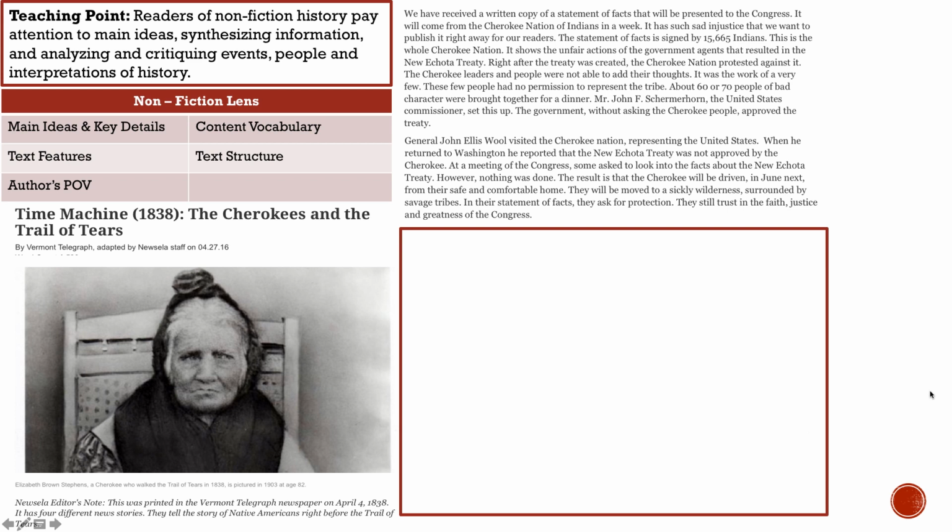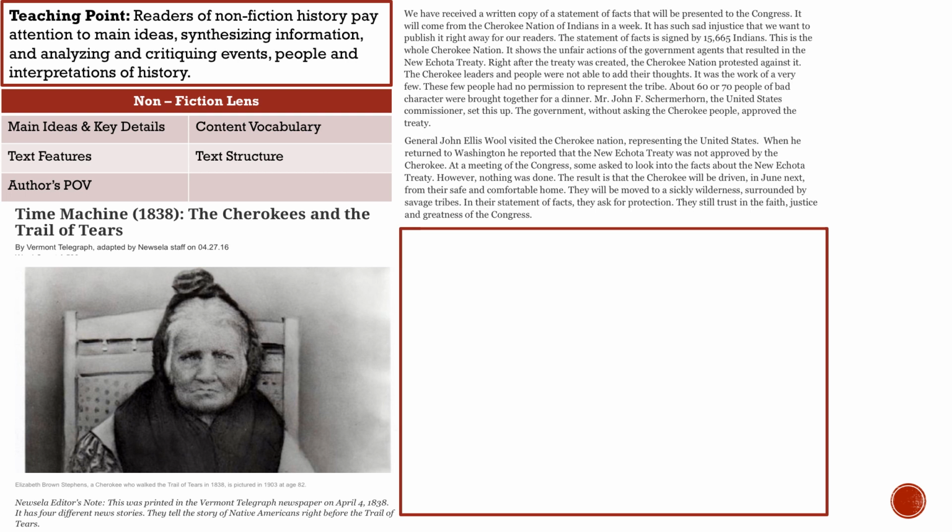Okay, so as usual for our nonfiction reading, we have to have a lens, so we're paying attention to main ideas and key details, text features, or author's point of view, content vocabulary, of course, and of course text structure. So this is an article I found on Newsela, and it's Time Machine, 1838, the Cherokees and the Trail of Tears.